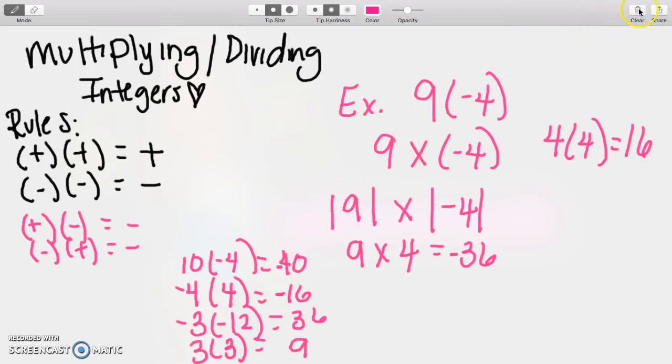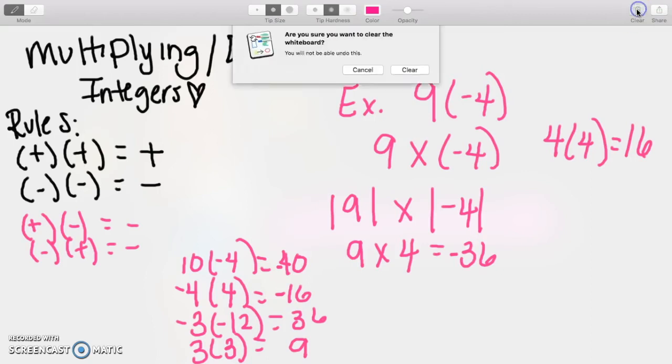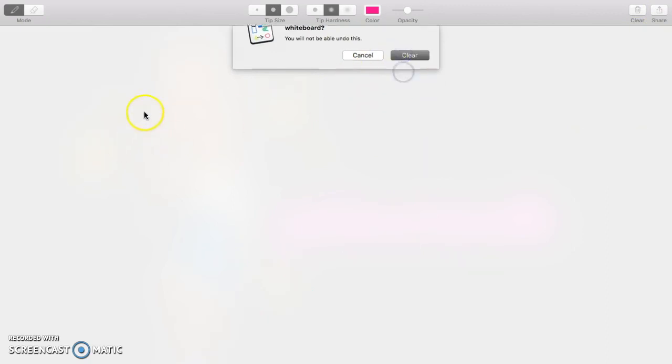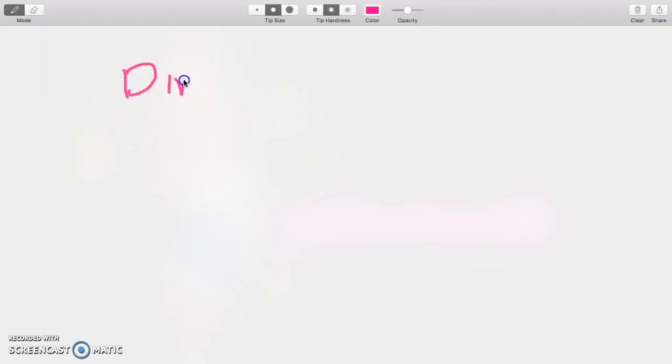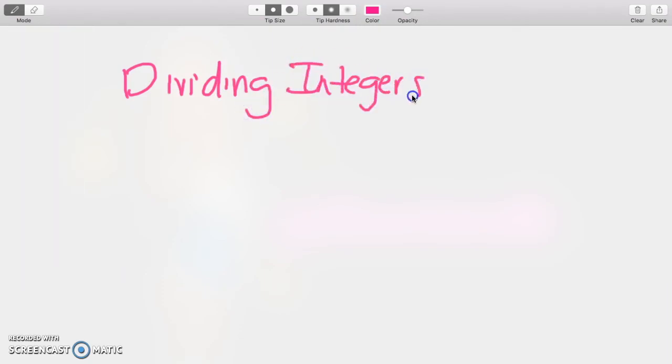In order to divide integers, we're going to do the same thing. I'm going to go ahead and clear the board, so if you need to rewind this video, go ahead and do so. Dividing integers goes along with the same rules as multiplying integers.